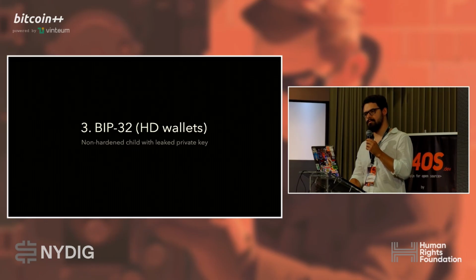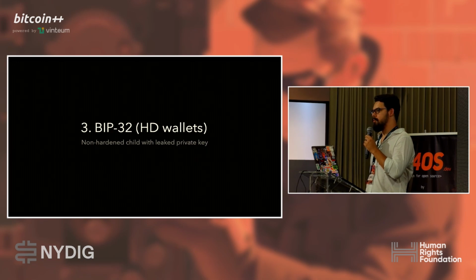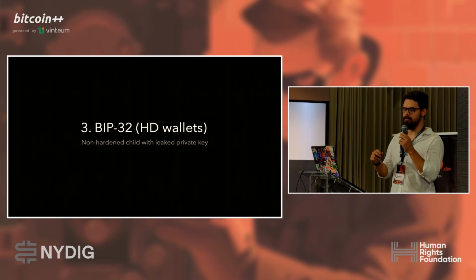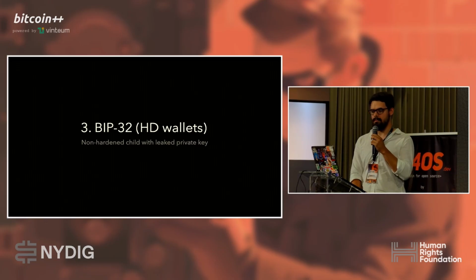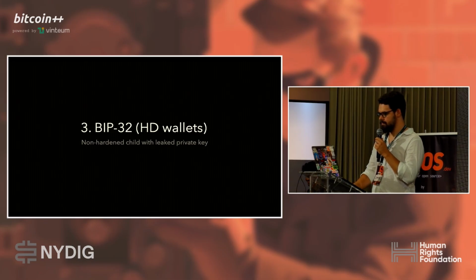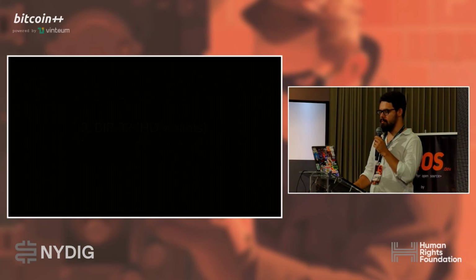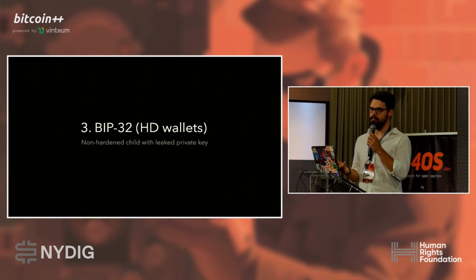Another flaw that we have is in BIP32, and everyone here is using it, because if you have a wallet with your 12 or 24 words mnemonic, you're deriving with BIP32 in the end of the day. And you're dealing with private information, right?